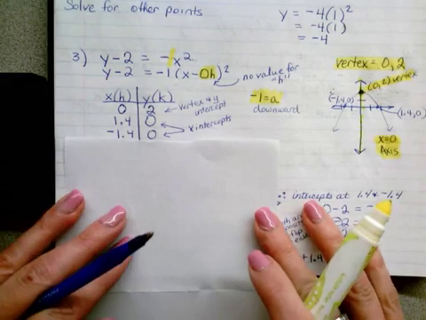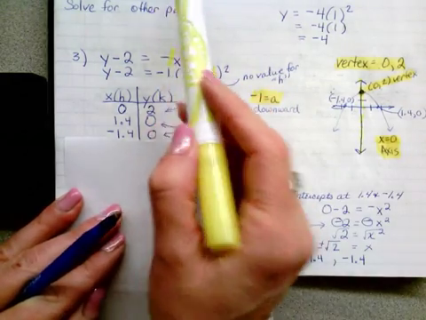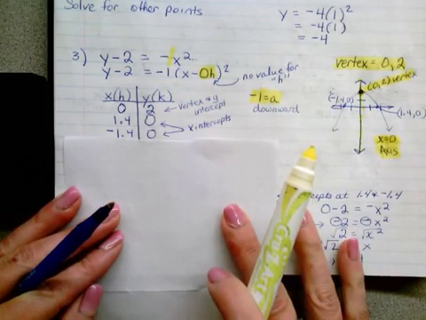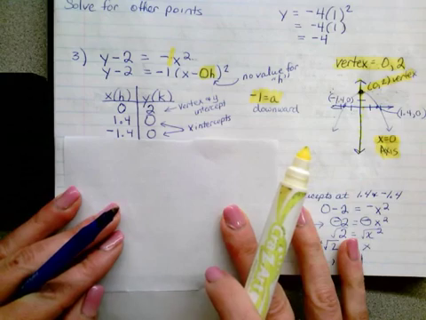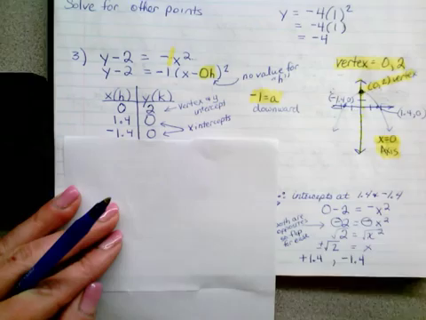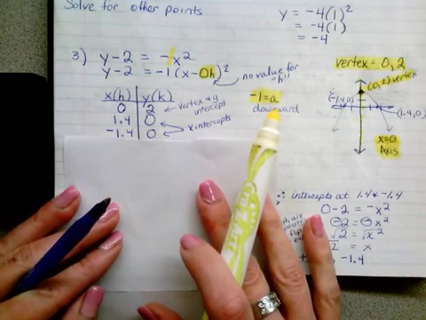I still need to solve for my x-intercepts. And what you learned up here, if x is 0, the other value or values are going to be the y-intercepts. And where y is 0, the other value or values will be the x-intercepts. Okay?